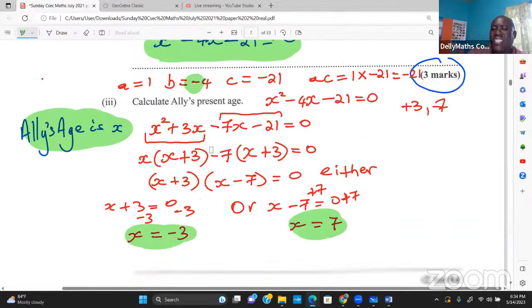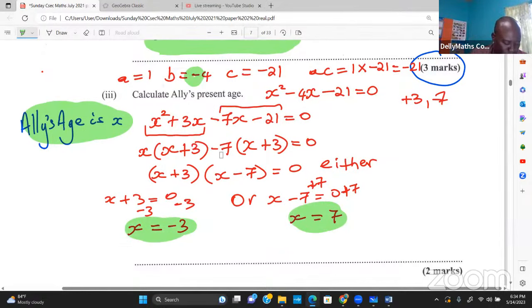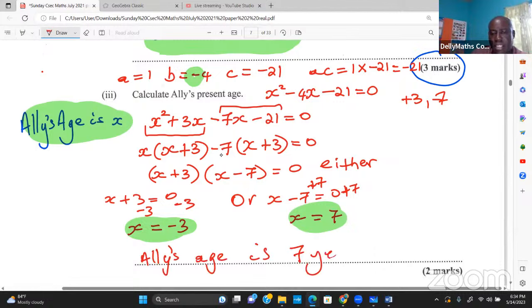Now, when you look at these solutions, one has to be very critical. You cannot have a negative age for somebody. So because of that, I'm going to have to draw my conclusion. Ali's age is 7 years old. This is not applicable right now.